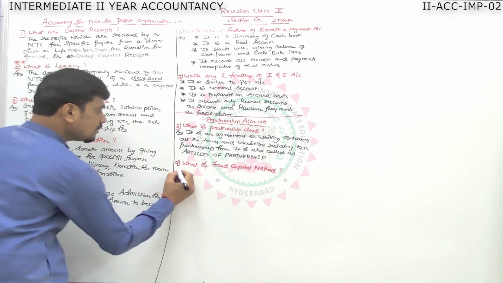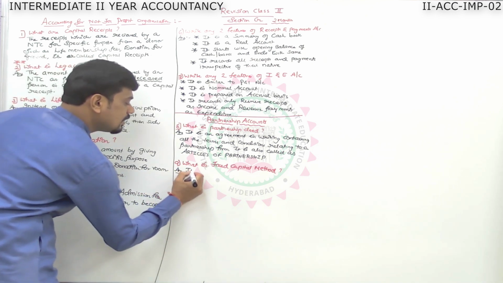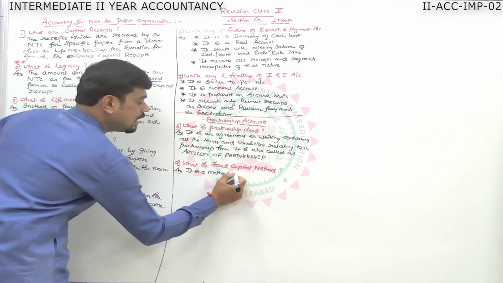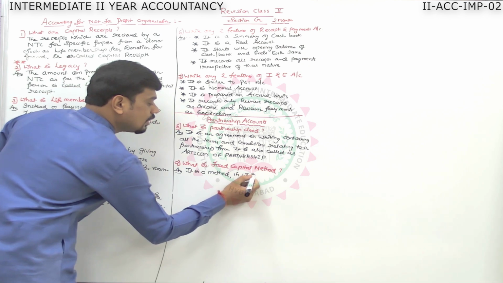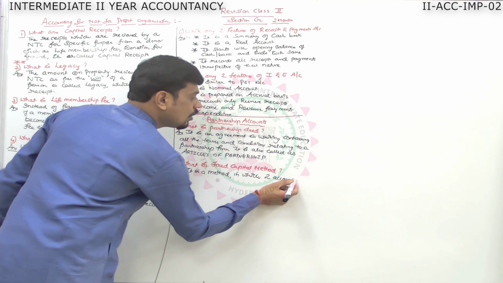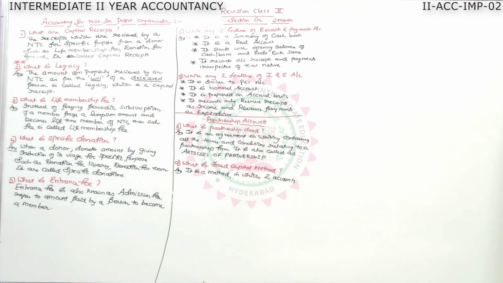Then you will write, answer will be, it is a method in which two accounts. How many accounts? Two accounts.